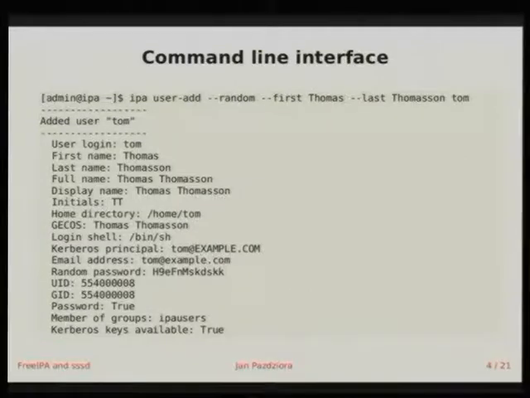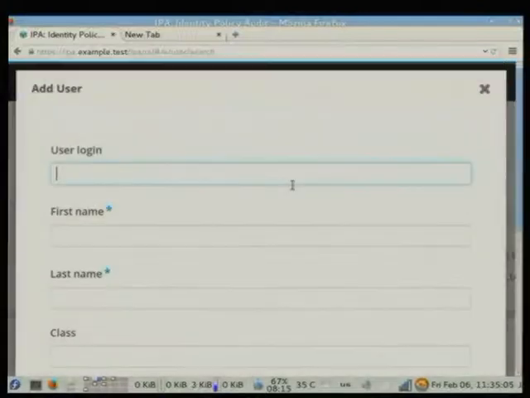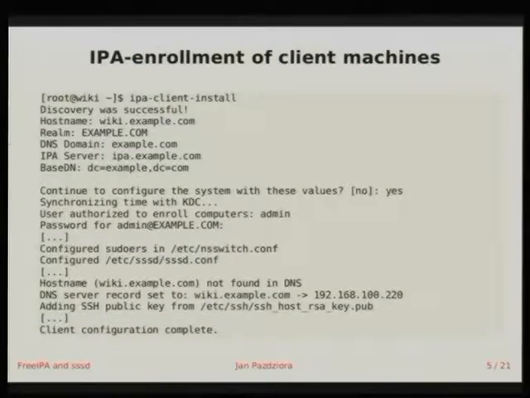You'll be able to create the user using the command, or you will be able to click add here and create the user here. So you trust me that it works. Now we have the server. We can store the users.